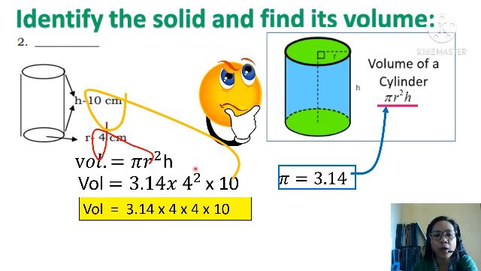Then, you have 3.14. Simplify. Yung 4 squared dyan, yung 2 dyan sa taas, nagsasabi kung ilang beses mo i-multiply si 4 sa kanyang sarili. Hindi mo siya i-multiply 4 times 2, mali. Kundi 4 times 4. So, dadalawahin natin si 4.